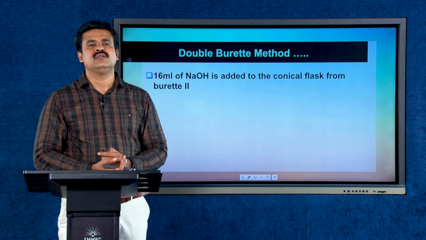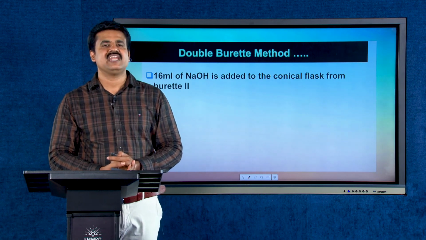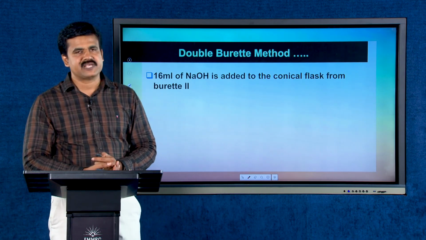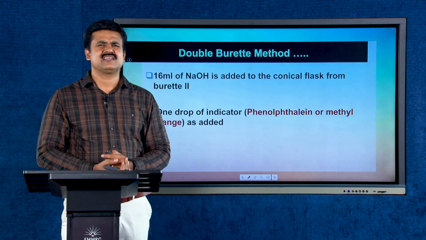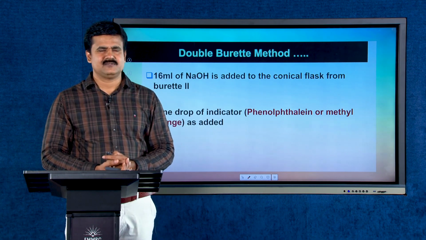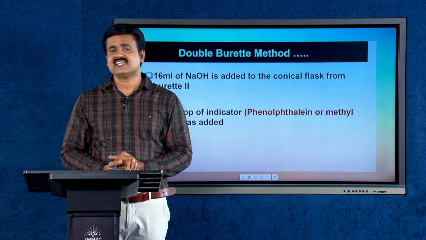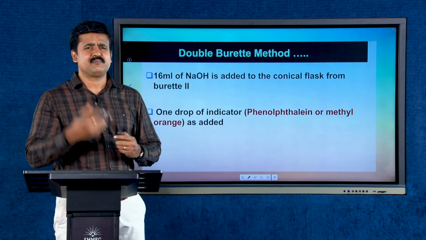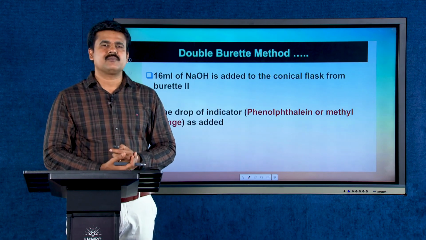You pour an aliquot of 16 ml of NaOH from burette 2 into a conical flask. Add 1 drop of indicator, that is phenolphthalein or methyl orange, both can be used, since you are dealing with the titration of a strong base against a strong acid. So, you put one drop of indicator like phenolphthalein or methyl orange.